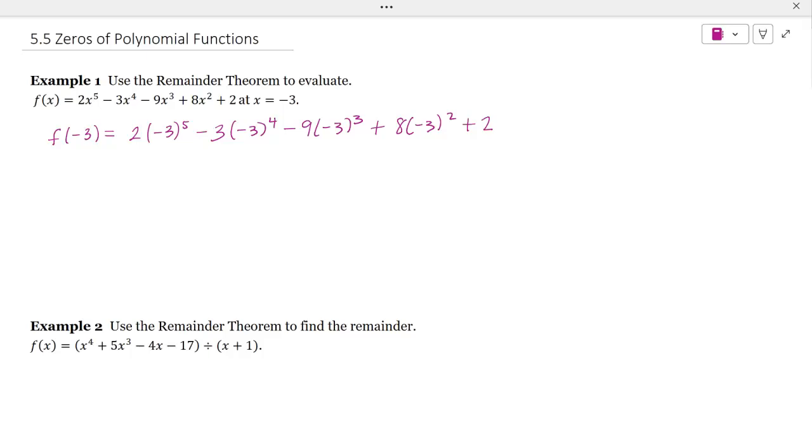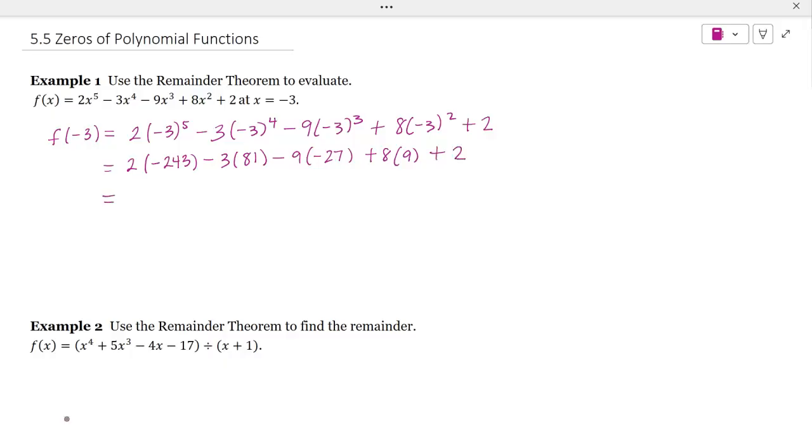All right. So let's see, this is going to be 2 times -243 minus 3 times, that's 81. This will be -27. This will be +9, and then plus 2.